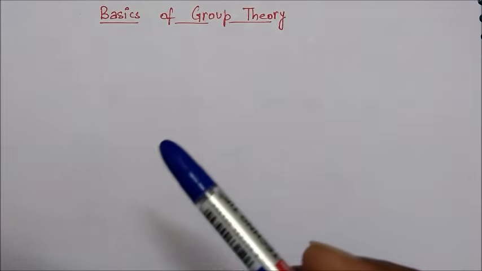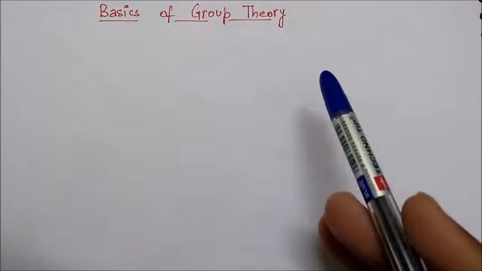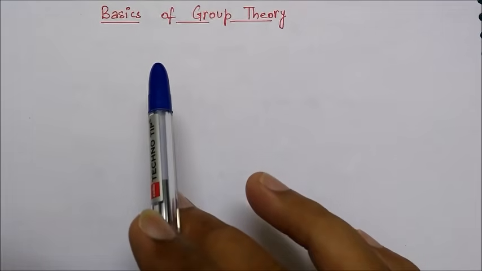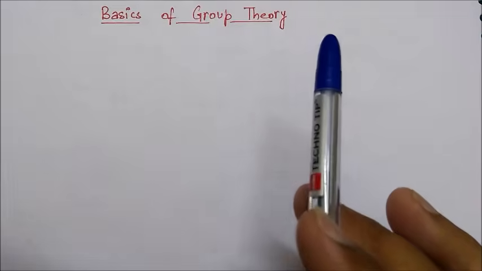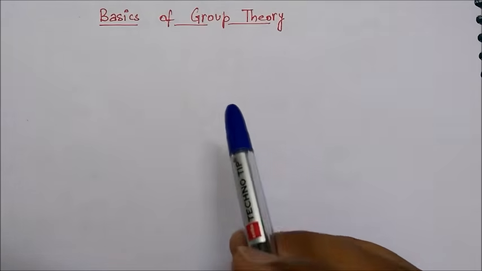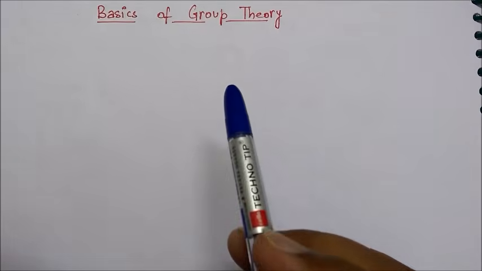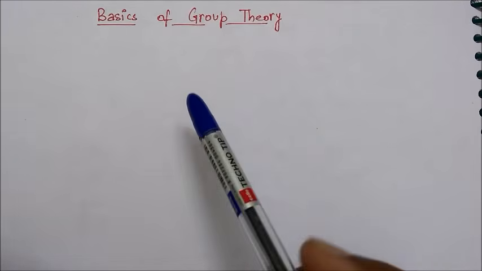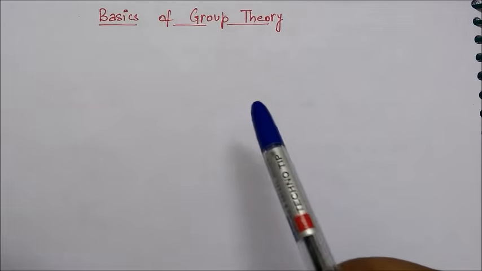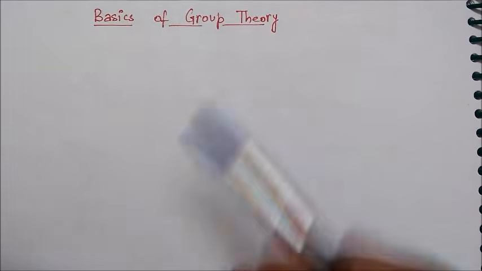And one more thing, if you watch this series completely, I'm sure that you will be able to solve all the problems which come in the CSIR exam from this topic, group theory. Basically CSIR asks about 6 to 8 marks of questions from group theory, where they give you a particular molecule and ask you to find out its point group.